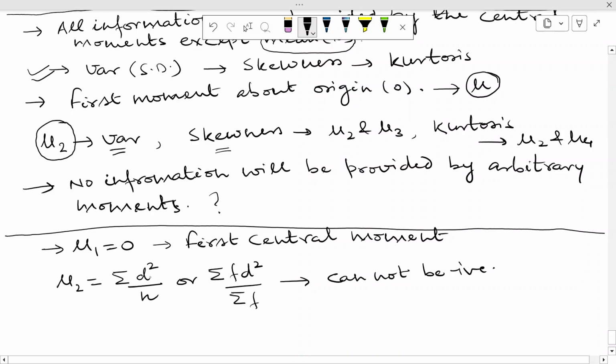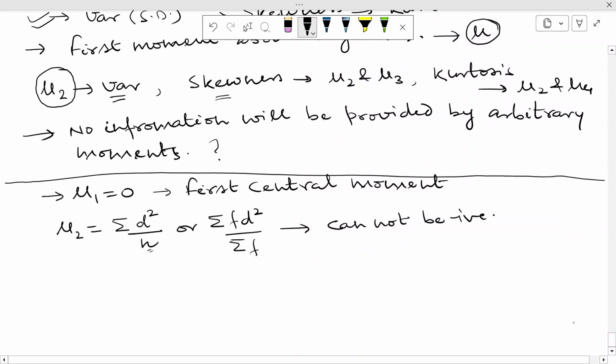Because you can see that this involves the second degree of the deviations. So this will always be positive, and n is the number of observations and similarly f is the frequency. So all the quantities involved here are positive. So the second moment is always positive, which is necessary because this gives us the variance, and we know that variance cannot be negative for any data.